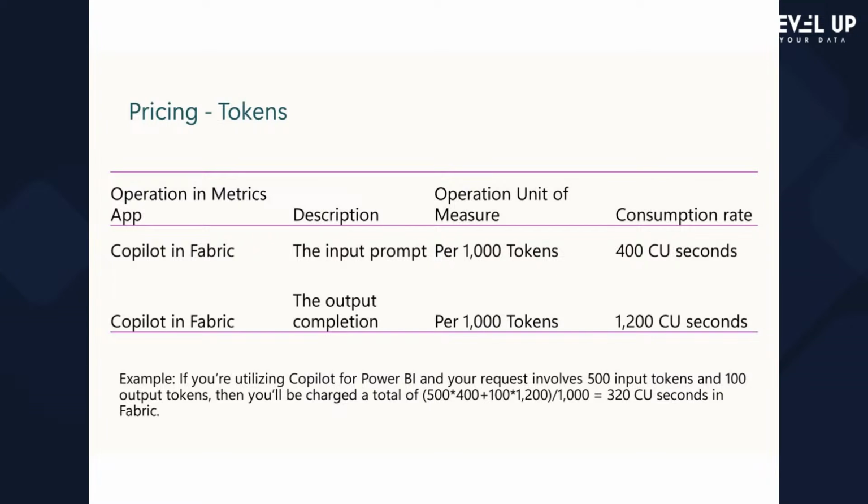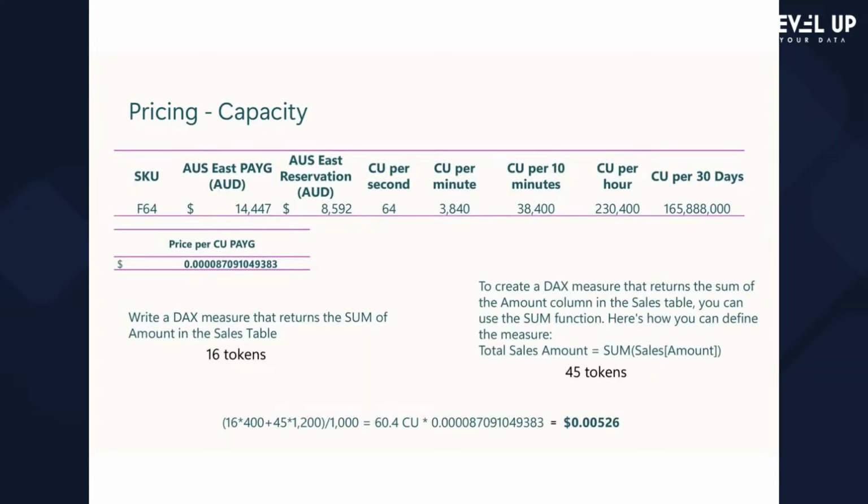So let me give you a quick example. Imagine for a second that you're asking for a DAX measure that returns the sum of the amount in the sales tables. That's your input prompt. And when you break it down, that's 16 tokens. And then the output we get from the model is essentially to create a DAX measure that returns the sum, and you can see that it gives us all that information, not only the measure, but also the description of the measure, and that's 45 tokens.